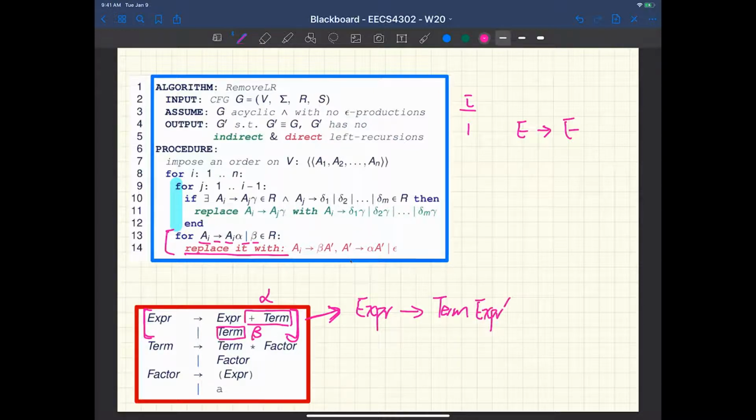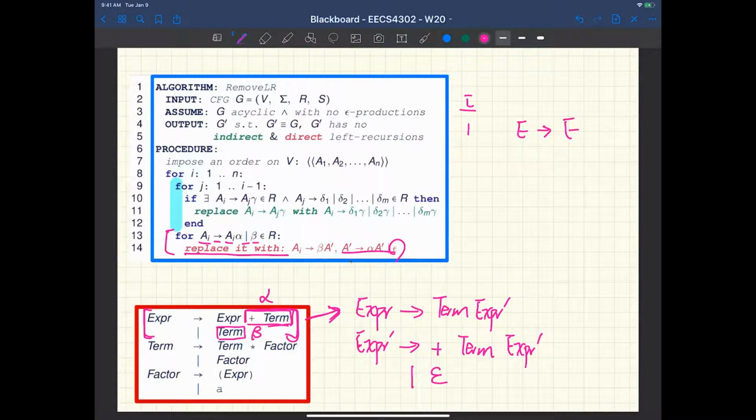The new variable produces alpha, which is this guy here. So be careful, that's why you saw plus term, and then followed by expression prime. And don't forget, you may have just one single term, so that's why epsilon should be here. Okay, that's one instance of removing the direct left recursion.